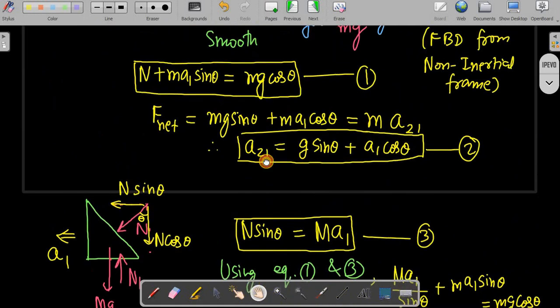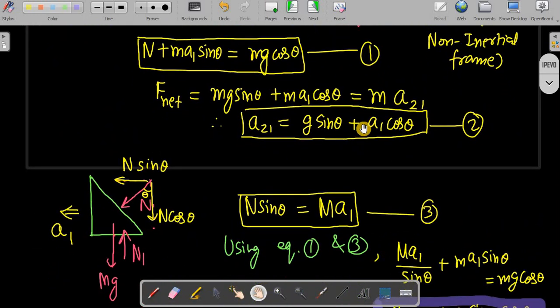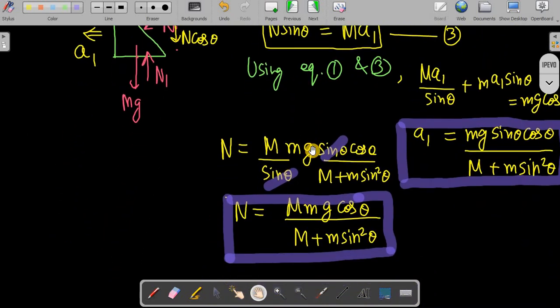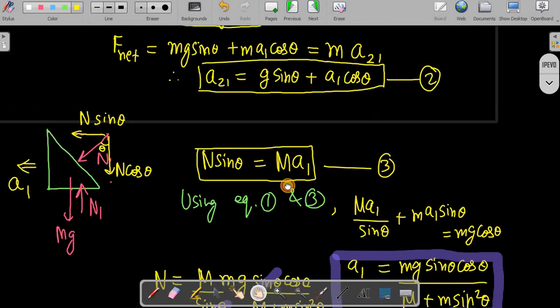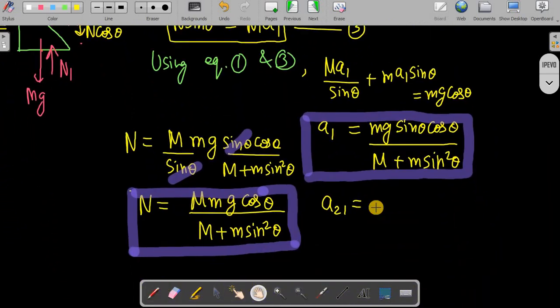Then what about A21? Now we know A1, we can substitute in equation number 2. Let us try to calculate A21. What will be A21? A21 is g sin theta plus A1 cos theta.